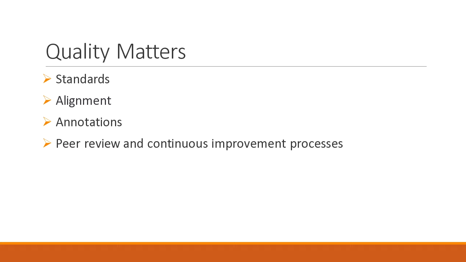Standard 2 very much talks about alignment and the fact that there need to be learning objectives at the subject level and at a modular level, so that you've got weeks or modules that make explicit the learning objectives that are part of that module, that then feed into the larger subject outcomes or objectives.